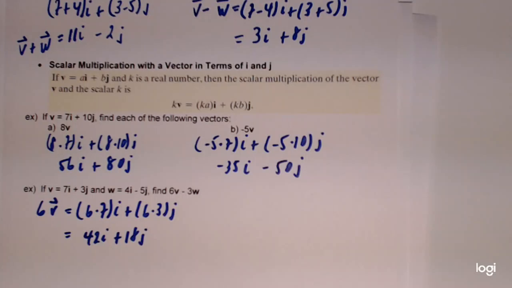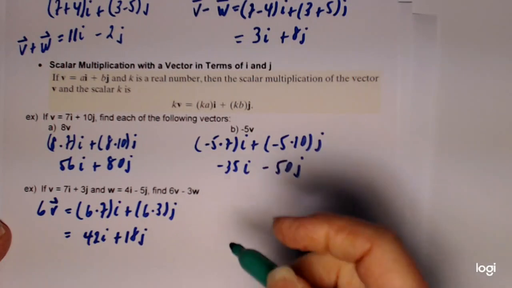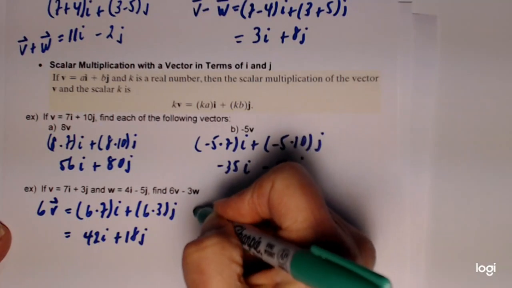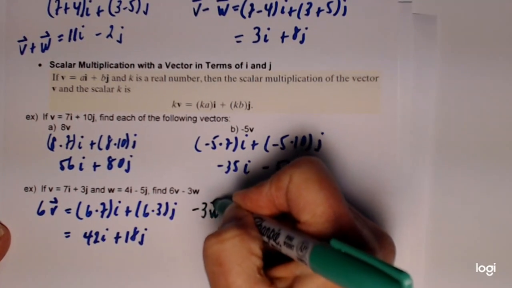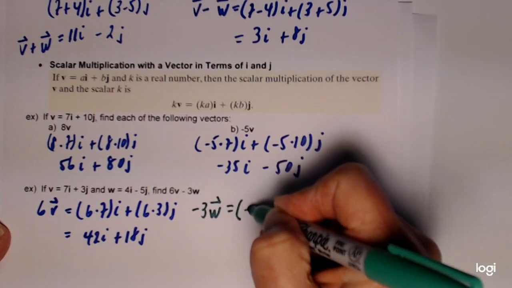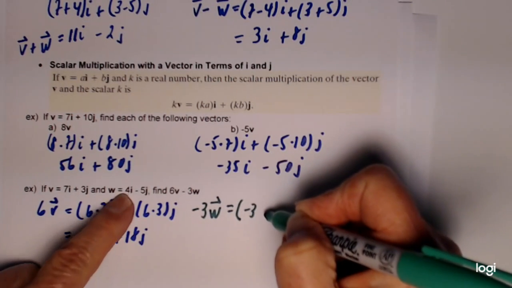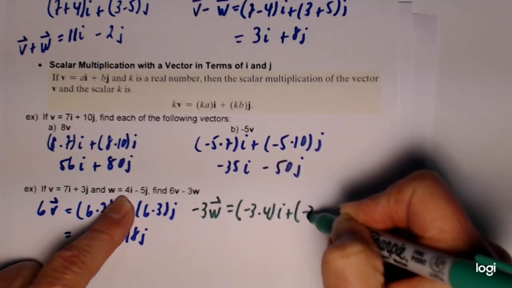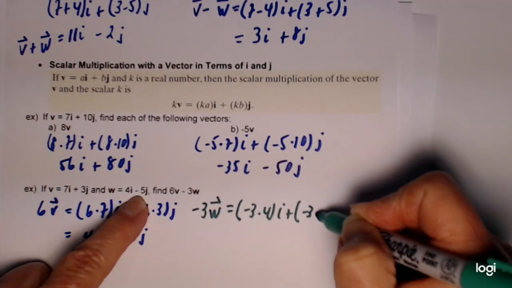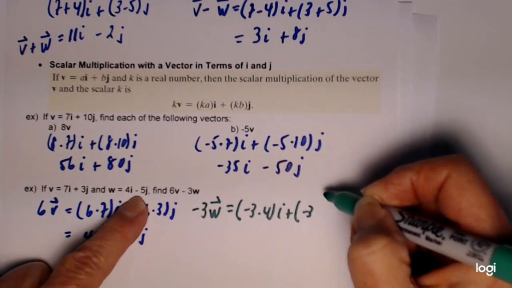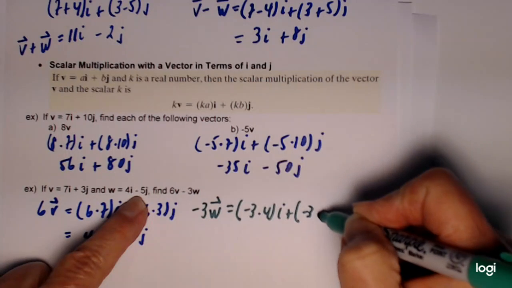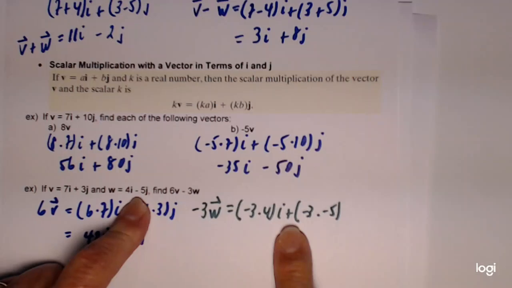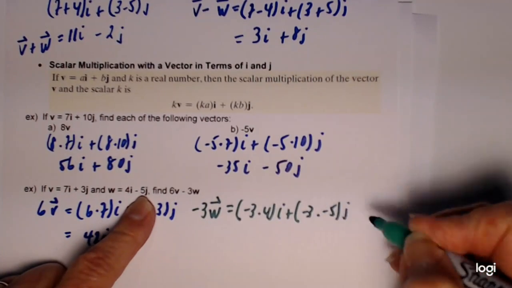So now let's take a look at w. So vector w, we're multiplying by -3. So -3 vector w. And this is going to be -3 times 4 for the i, and -3 times -5 for the j.